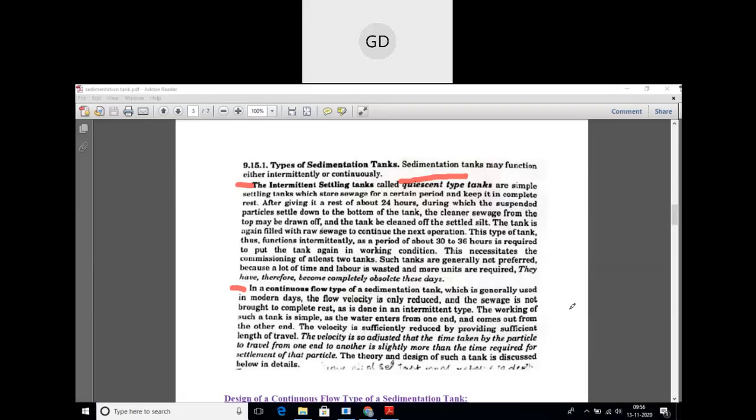This type is known as the continuous type. So you have understood the difference between the intermittent and the continuous flow type of sedimentation tank.